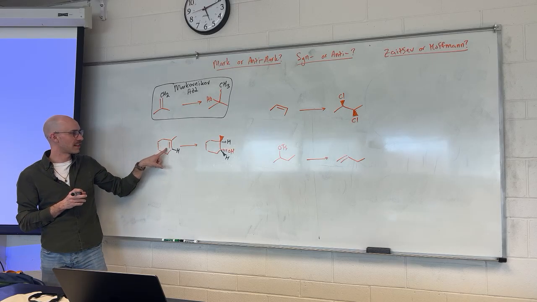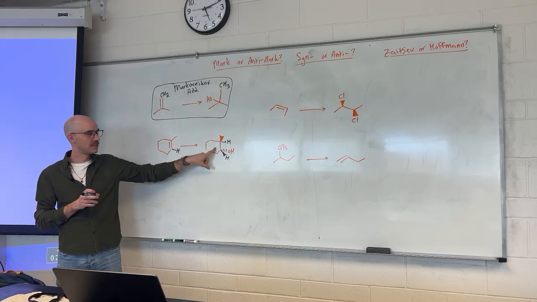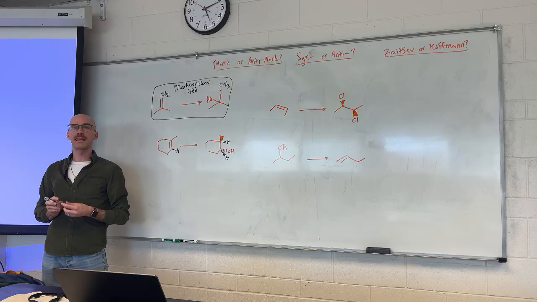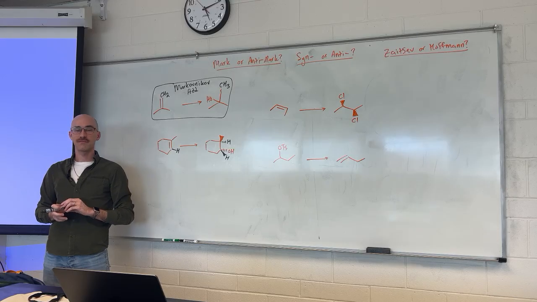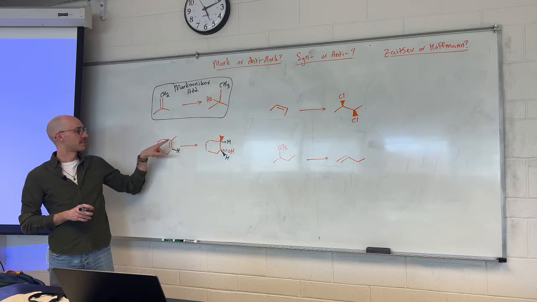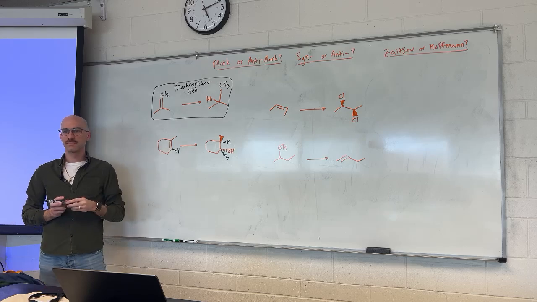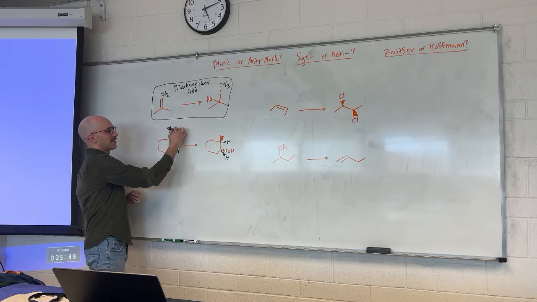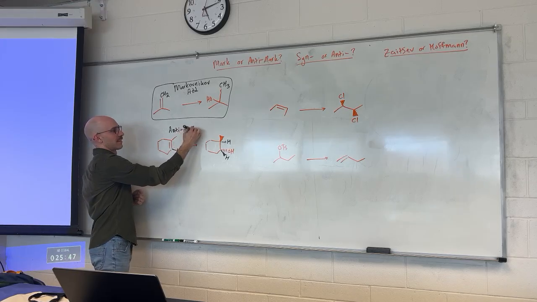Which carbon did the hydrogen add to? Did it add to the carbon with more hydrogen, or did it add to the carbon with less hydrogen? The hydrogen added to the carbon with less hydrogen, which is opposite of Markovnikov's rule, so we call it anti-Markovnikov addition.